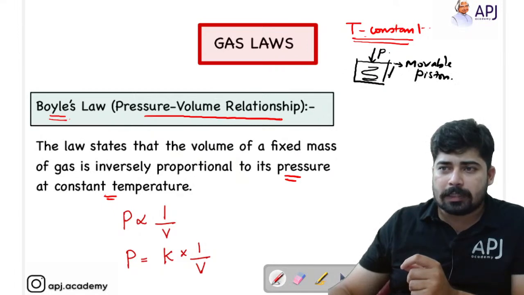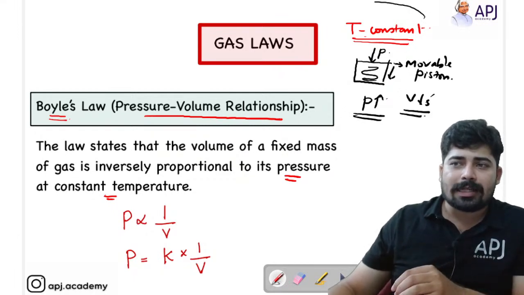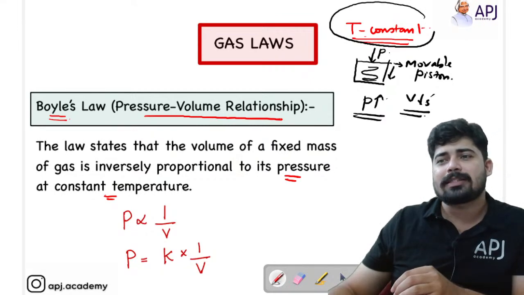The movable piston moves down, which means the volume decreases. So if you increase the pressure, the volume of a gas decreases at constant temperature. This is what Boyle is telling.